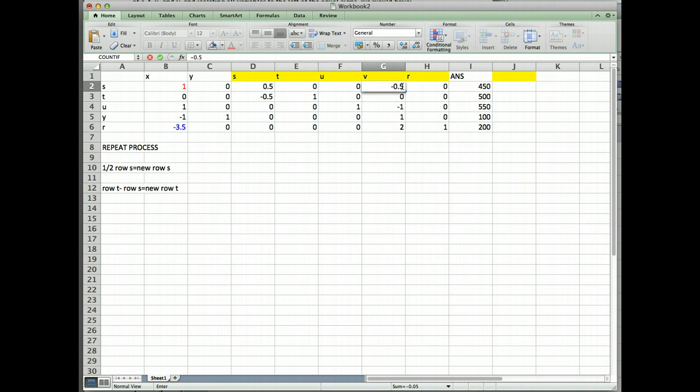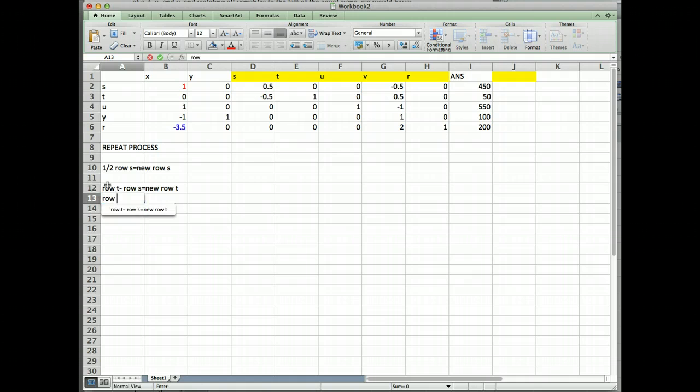Oh, gosh. 0 minus a negative 0.5. Remember, minus a negative gives me a positive. 0 minus 0 and 500 minus 450. That's done one of them.